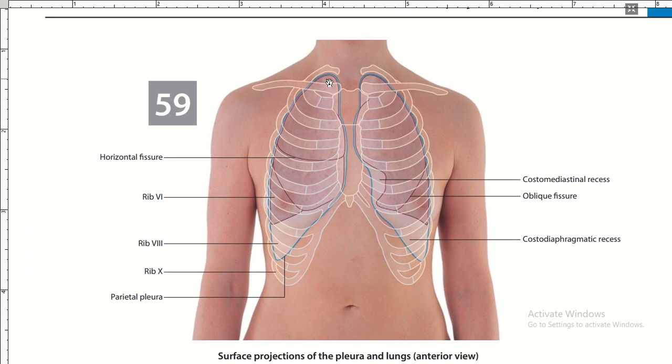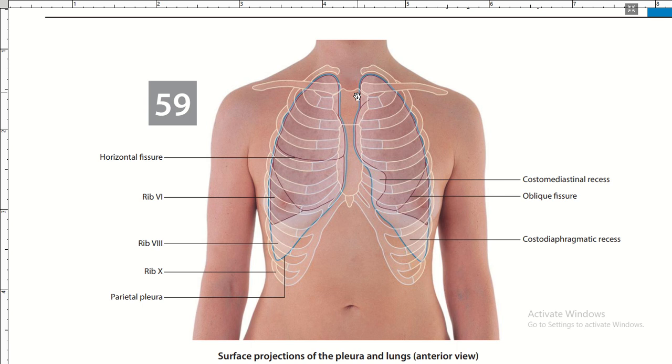It has different courses depending on which lung it is. As for the right lung, the anterior border starts behind the level of the sternoclavicular joint, descends downward to the xiphoid process, and then touches the diaphragmatic or inferior border of the lung.